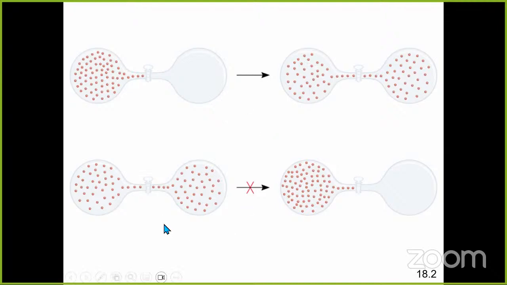What is highly unlikely to occur is the reverse, right? It's very unlikely that you start off with a system looking like this, and then all of a sudden all the gas just simply moves into one of the vessels, right? Something would have to be done in order to make that occur, right? So the first one is an example of a spontaneous process. The second one is an example of a non-spontaneous process, right?